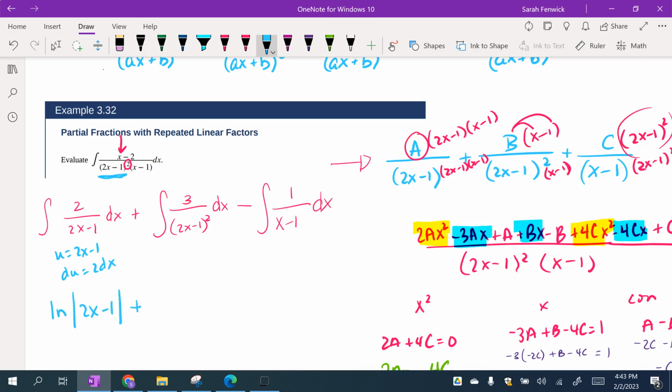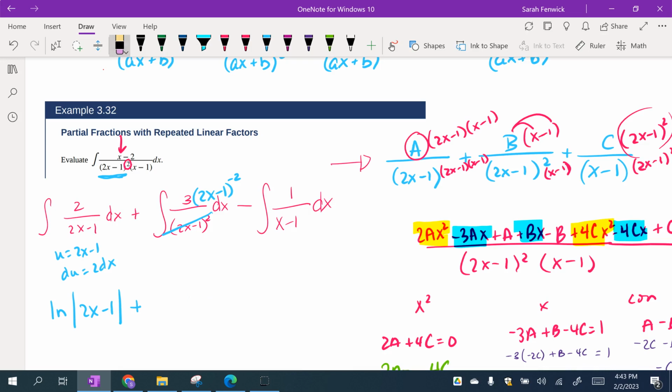Plus, if I say that this is 2x minus 1 to the negative 2, I can use my power rule here to make this into, if I add 1, a negative 1 power divided by negative 1. So we're going to have to do some simplifying. That's okay. 2x minus 1 to the negative 1. Oh, no, I got to have some more than that. Okay, hold on.